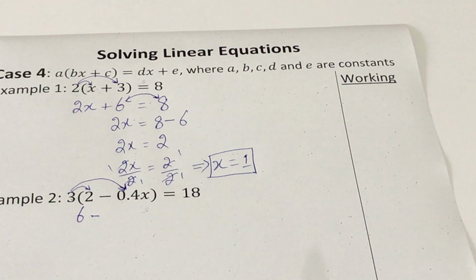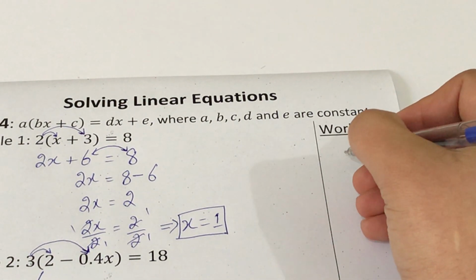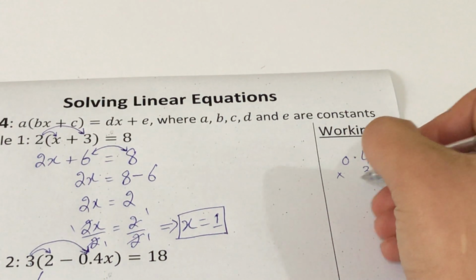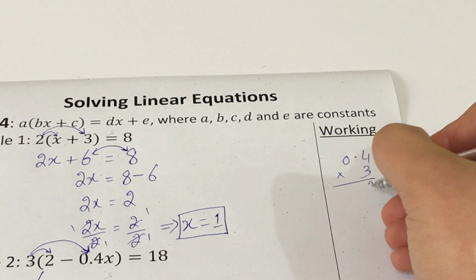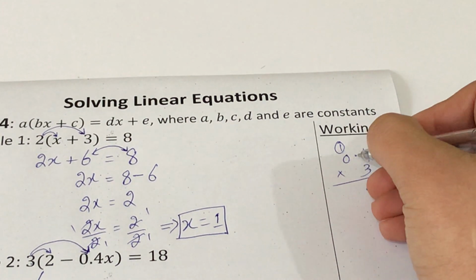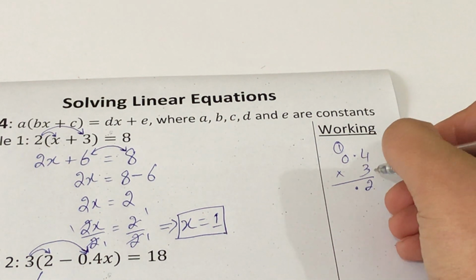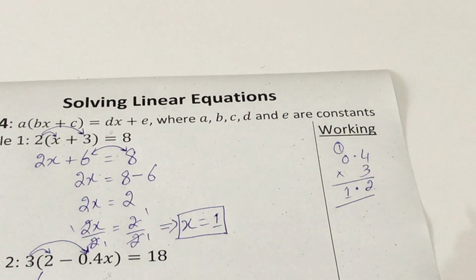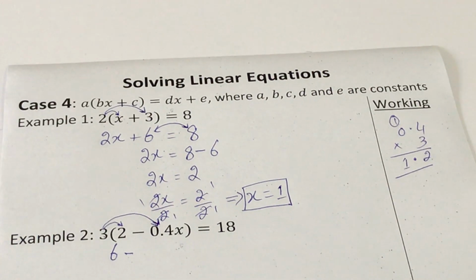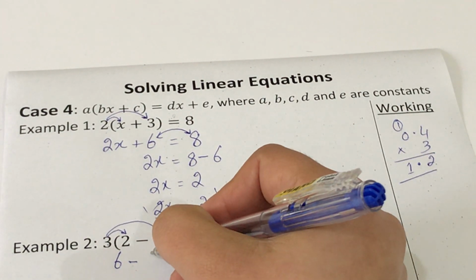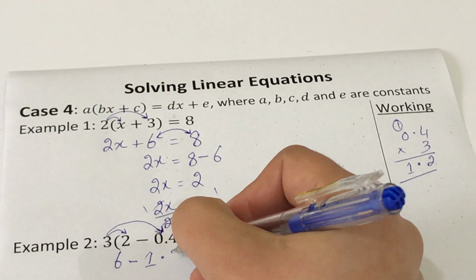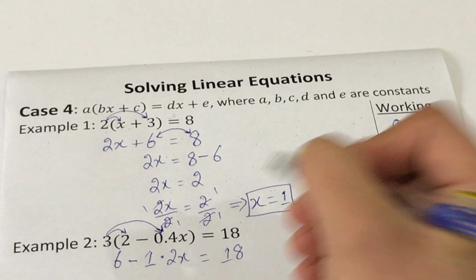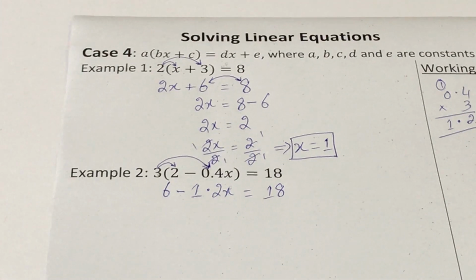But if you can't do it directly, you can draw a working column here and do it like this: 0.4 multiplied by 3, 4 3s are 12, 1 would be carried, decimal point under decimal point, exactly. 3 zeros are 0, and 0 plus 1 is 1. So 3 multiplied by 0.4x would be 1.2x, is equal to 18.